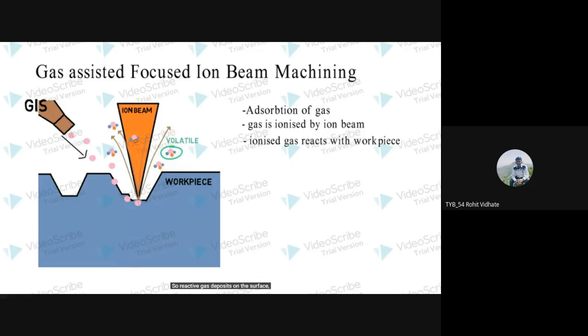So the reactive gas deposits on the surface, reacts with the ion and the workpiece, and is removed as a volatile material. This will solve the problem of redeposition, thereby increasing the accuracy of the machined feature and enhancing the material removal rate.